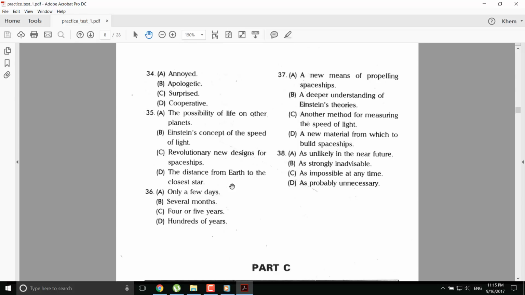Number 37. According to Professor Carmichael, what must be developed before ships can travel to the closest stars? Number 38. How does Professor Carmichael characterize travel to other stars?